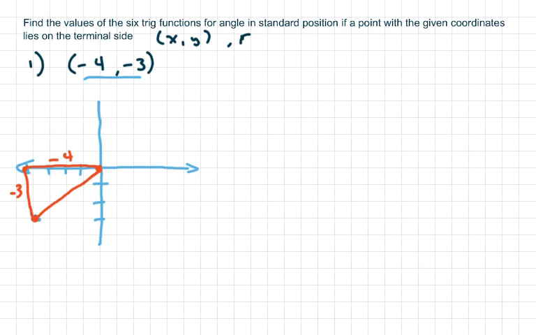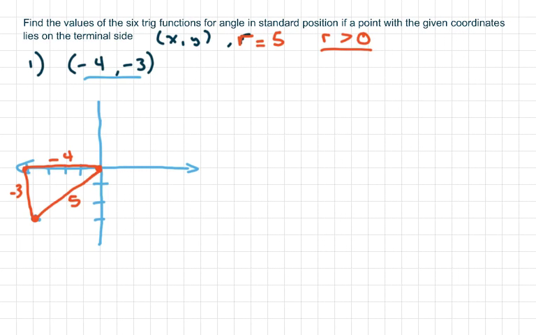In my class, we already went over Pythagorean triples, so I know right away that my r is 5, because this is a 3, 4, 5 type triangle. R is always positive, because it's a distance.